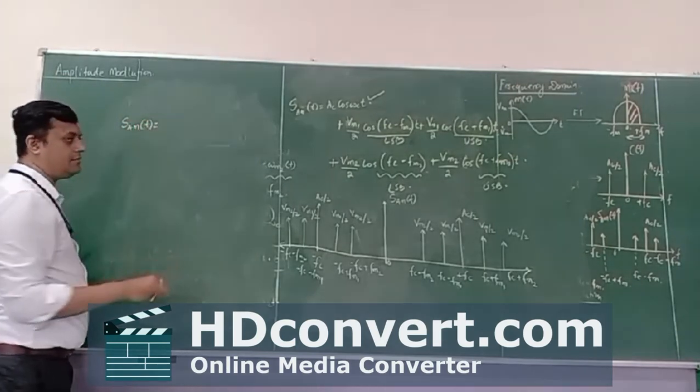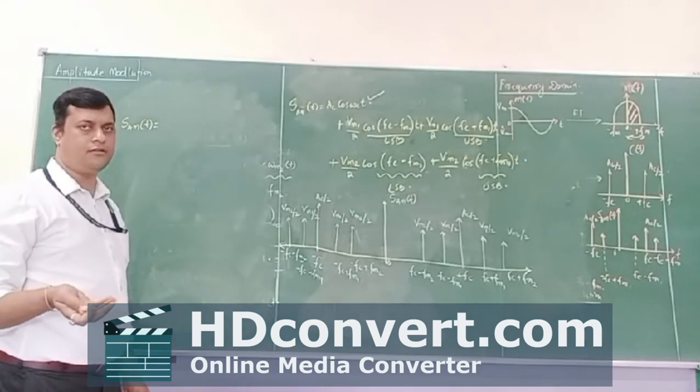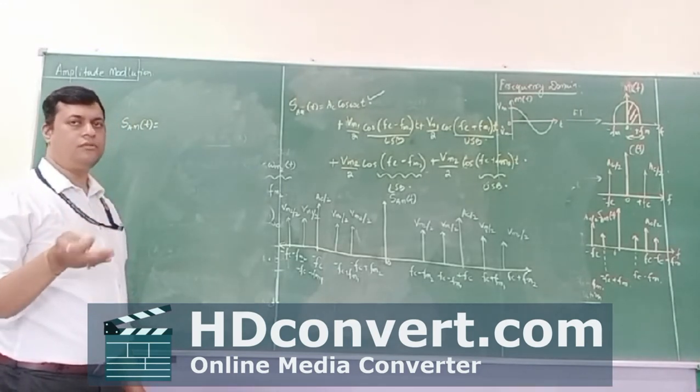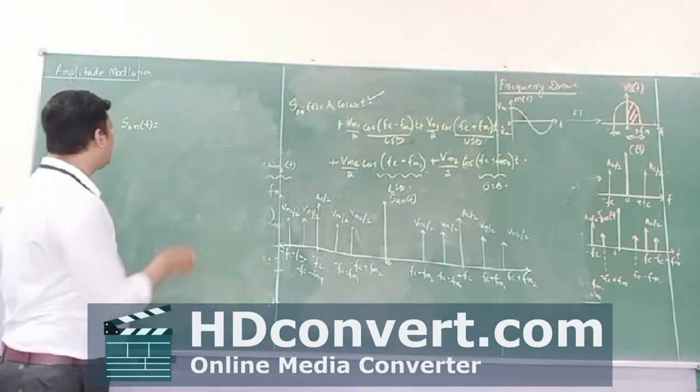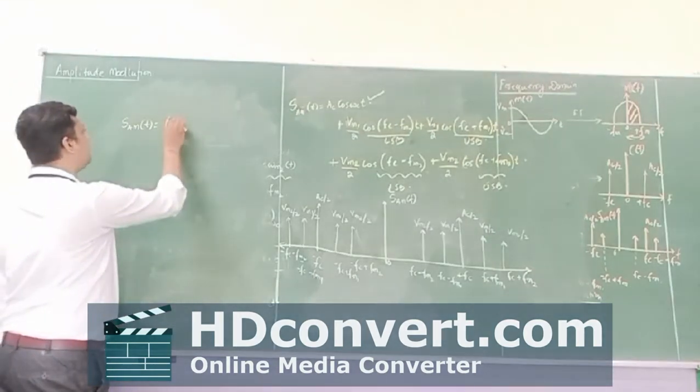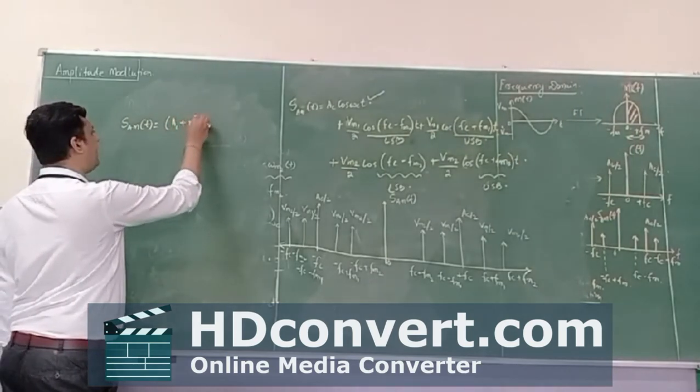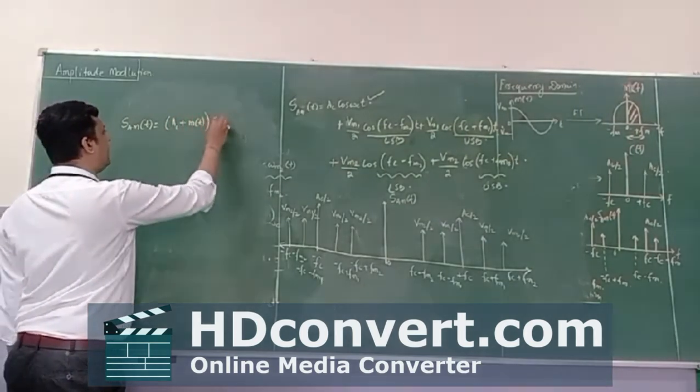You can consider more than two frequencies also, M1, M2, M3 or M4, depending upon the requirement. So here I am going to write the same representation for the AM signal.